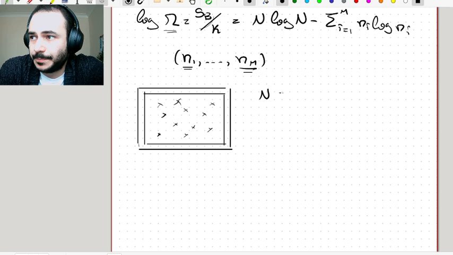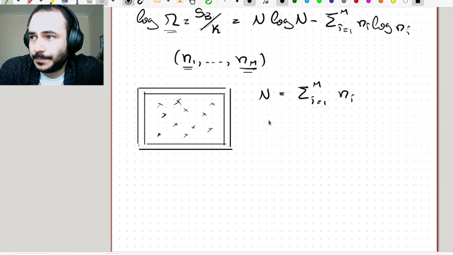We are constrained because we know that the total number of particles is given, so we cannot make arbitrary changes individually in the cell occupations. We always must ensure that the sum equals N. And for the principle of maximum entropy to be relevant, we need a system which is isolated.